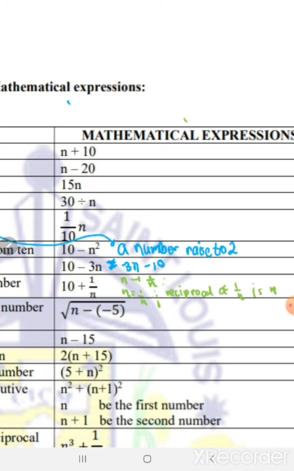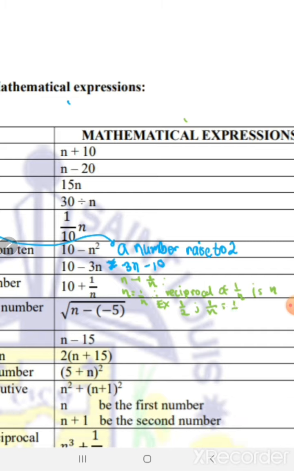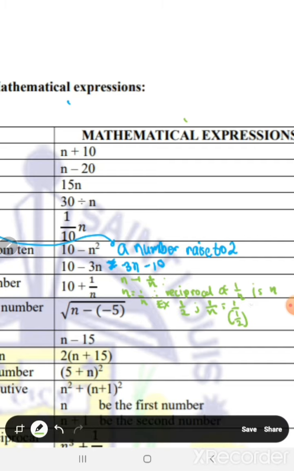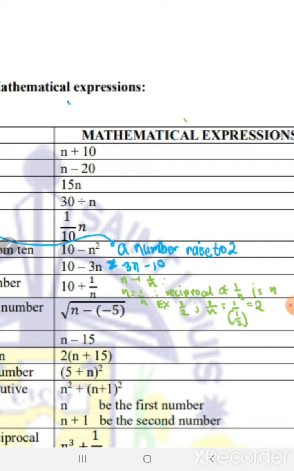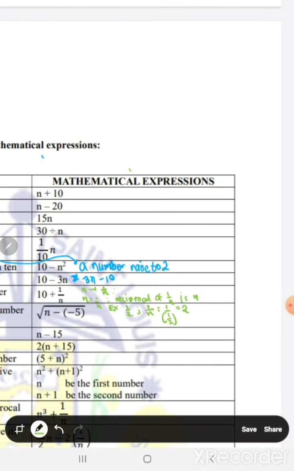Example, your 1 half. The reciprocal of 1 half is 1 all over 1 half, yan yung sinabi nating equation kanina, which is equal to 2. Right? If you are getting the reciprocal of a fraction, you will get a whole number. But if you are getting a reciprocal of a whole number, you will get a fraction.